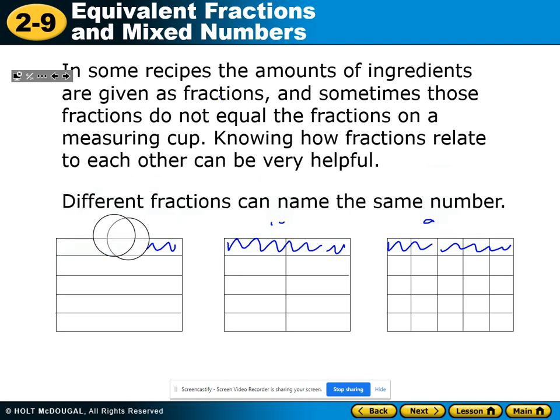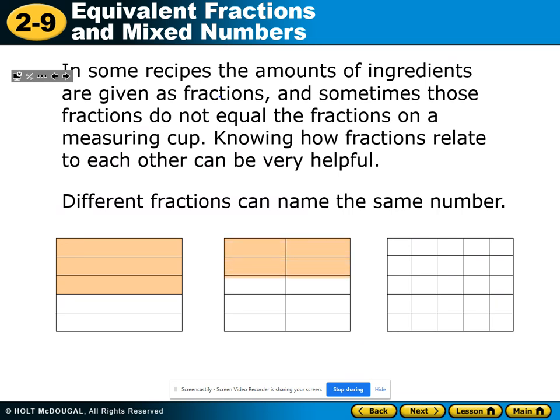They would like to put in their little plug too. So here we go. All right? They covered 3 of the 5 parts. That's 3/5. They covered 6 of the 10 parts. That's 6/10. And they covered 15 of the 25 parts. That's 15 over 25. All of these are equal, and you can see by the pictures they cover the same amount of area.